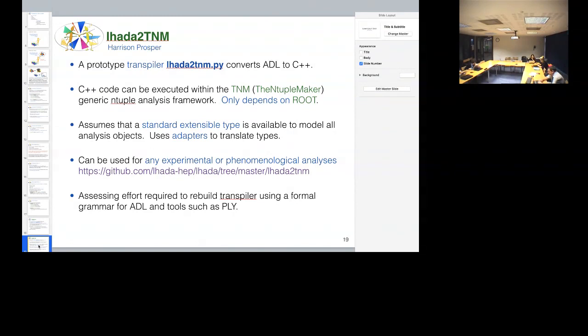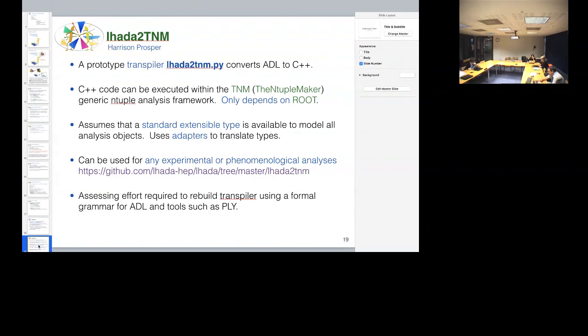Now, one of the things I think both Gherkin and us realize is that if you want to build something that takes some ADL and prints out C++ or whatever, then it has to be able to implement the analysis using some type.